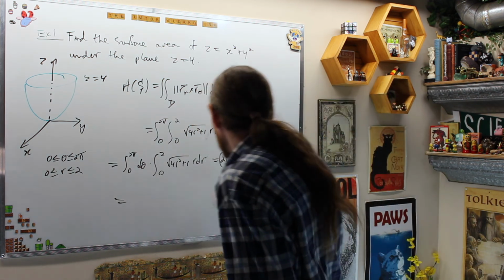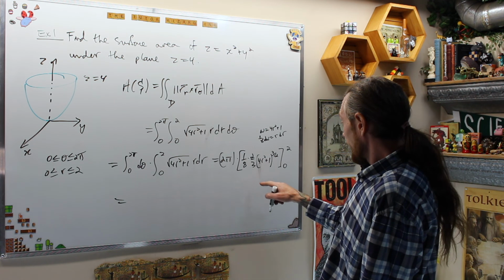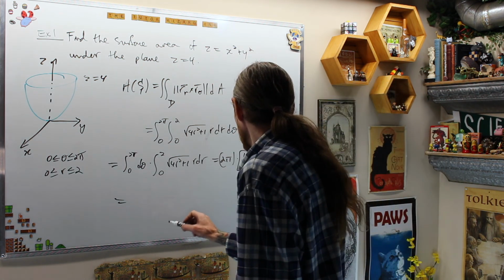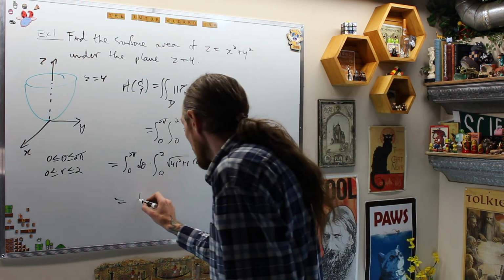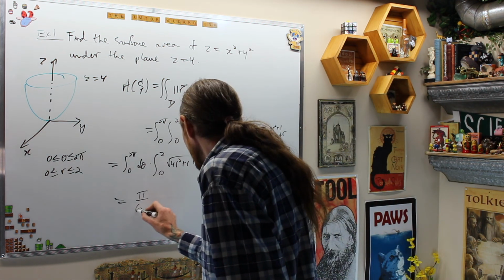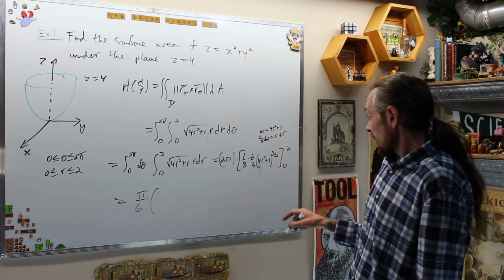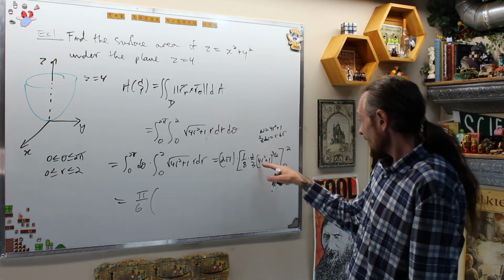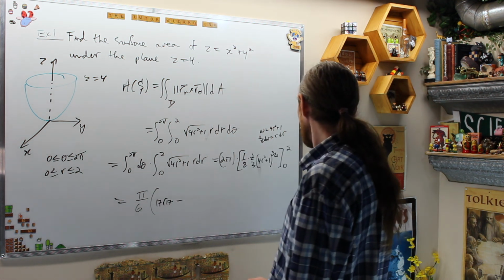And that is equal to, canceling, I'm going to get 4 pi... these 2's and the 8 cancel to give me pi over 6. And then in here, evaluating at 2 and 0, I'm going to get 17 root 17 minus 1.